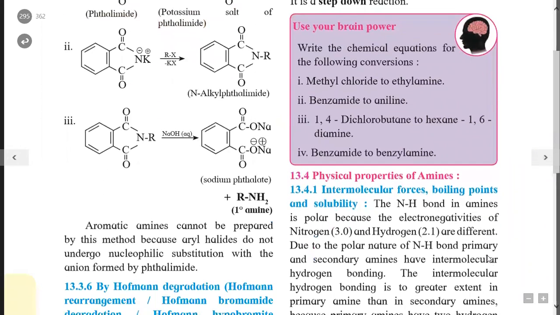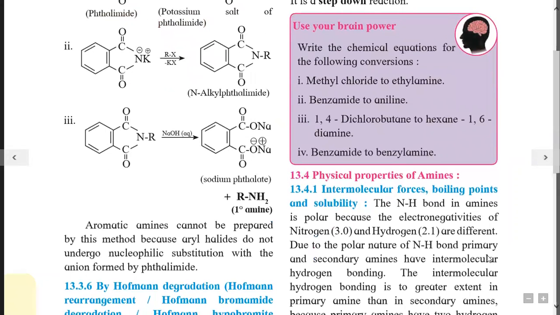In the second step, this potassium salt of phthalimide is treated with alkyl halide. Then the halide and K react to give KX as a side product, which is eliminated, and the alkyl group is substituted at the position of potassium. We get N-alkyl phthalimide.